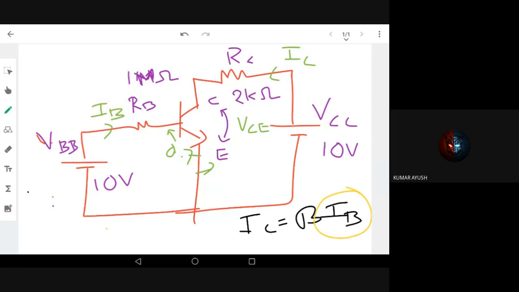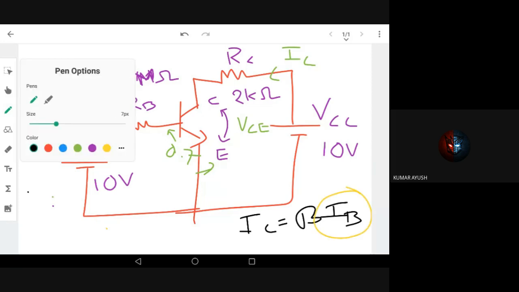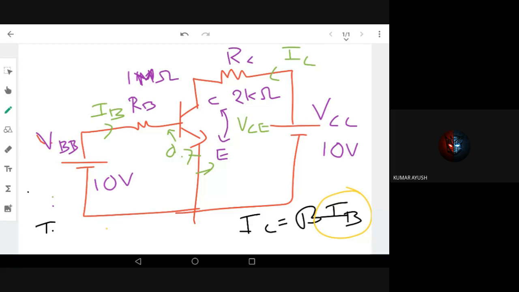We know the IB equation. IB is equal to VBB minus VBE divided by RB. From this circuit I have been given VBB, VBE, and RB is also given. So I can find the IB, right?